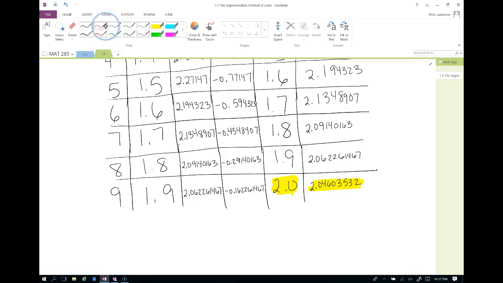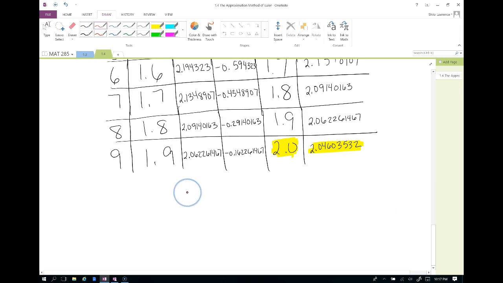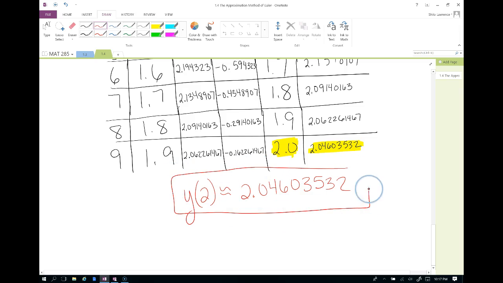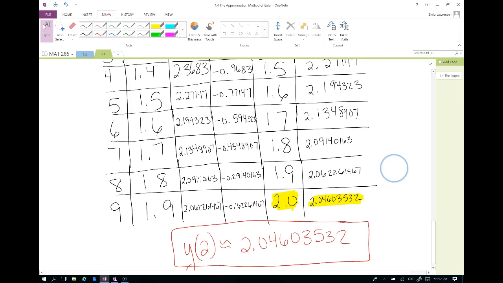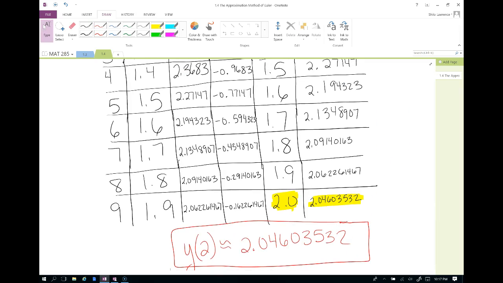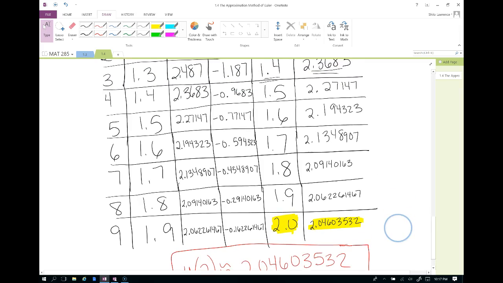So we are going to say for our final answer that y of 2 is approximately 2.04603532. Now I did not do any rounding when I did this. I kept every single decimal that my calculator gave me. So if you do any rounding along the way, your decimals are going to come out slightly different.